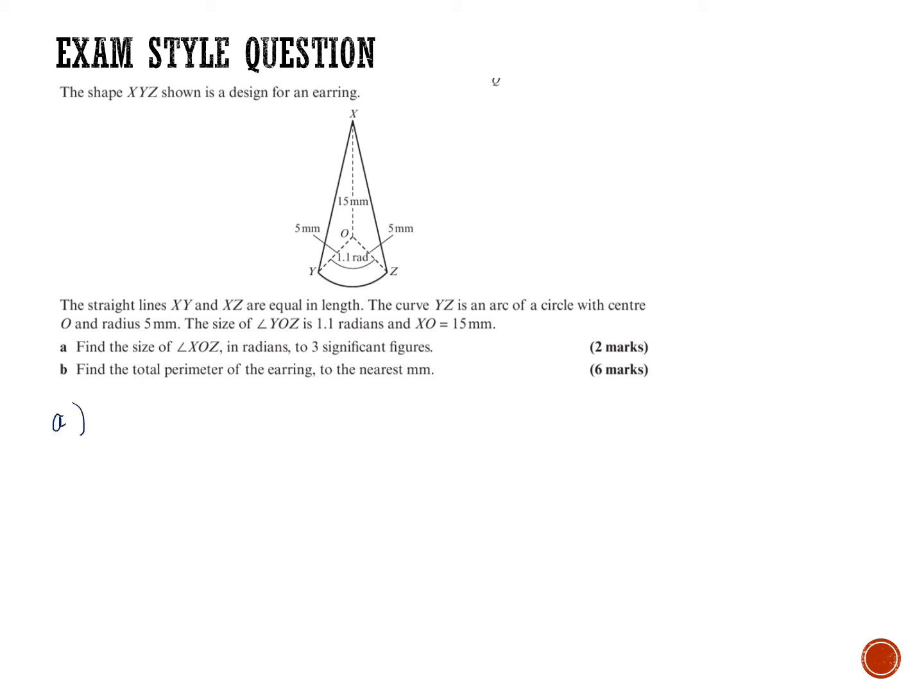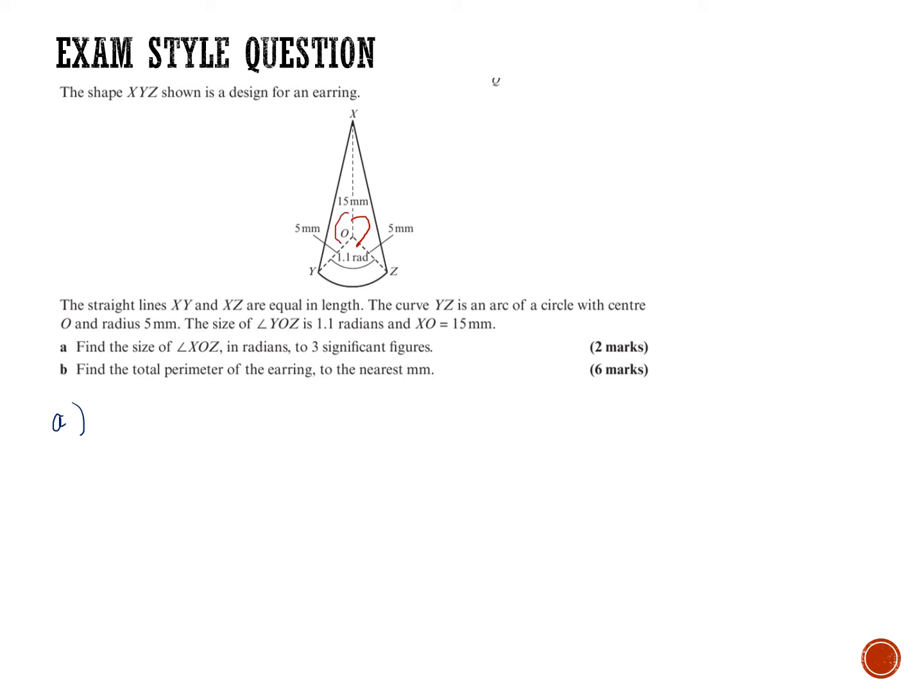So let's have a look at the first part. Find the size of angle XOZ. Let's spot XOZ. Remember, you go from X to O to Z. So we're talking about this angle here. Now there's a clue in the question. It said that XZ and XY are equal in length, so this is a symmetrical shape. So the angle I've marked on there and this angle here are going to be the same.